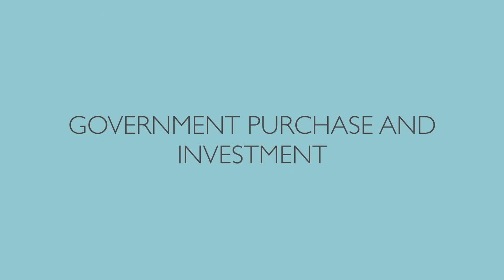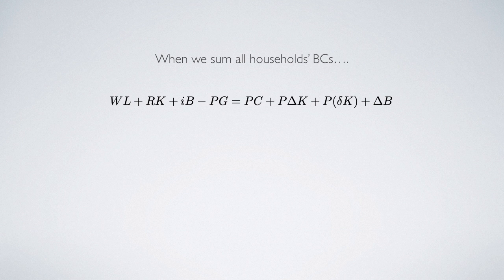With the understanding of the government purchase wealth effect, it's time to learn the relationship between government purchase and private investment. Remember that when we sum all households' budget constraints, the wage and the rental income will be equal to the GDP of the entire economy.